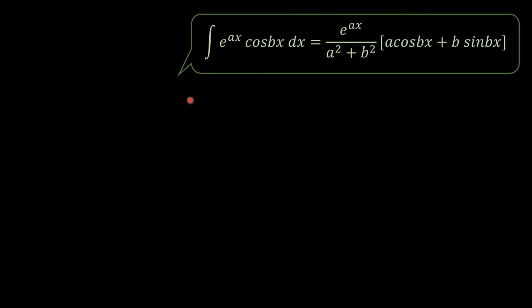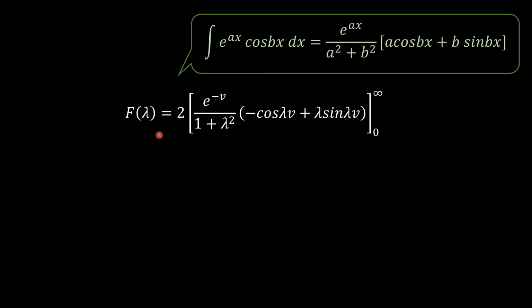We will get F of lambda is equal to 2 times e raised to minus v divided by minus 1 squared, that is 1, plus lambda squared, into a, which is minus 1, so minus cos lambda v, plus b, which is lambda, so lambda sin lambda v. Limits are from 0 to infinity.